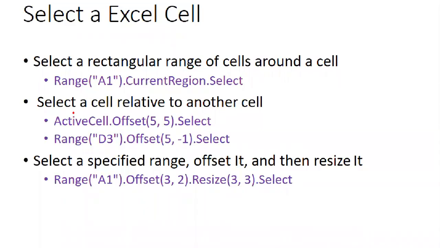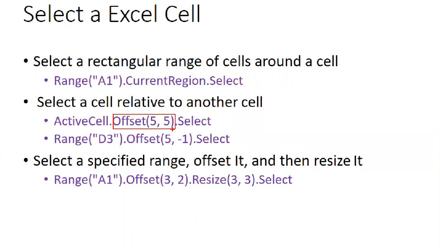Now, select a cell relative to another cell. When I use an offset, you select a cell and from there move a particular position ahead. Say I want to go to A1, and in the first 3 rows we have some headings.